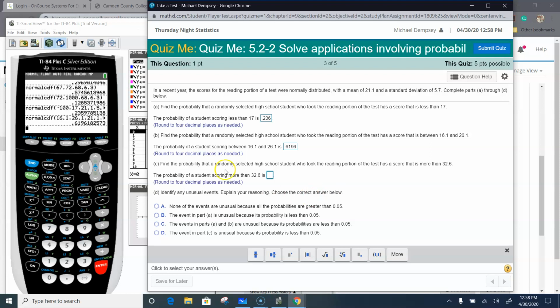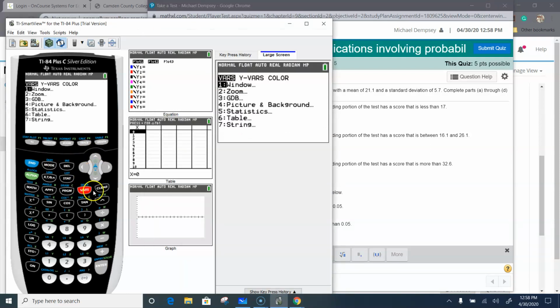And then more than 32.6. So 32.6 becomes my lower limit.